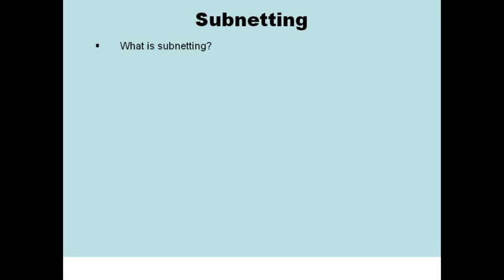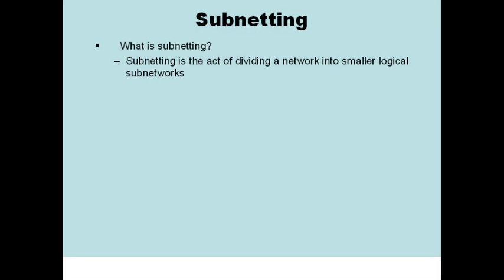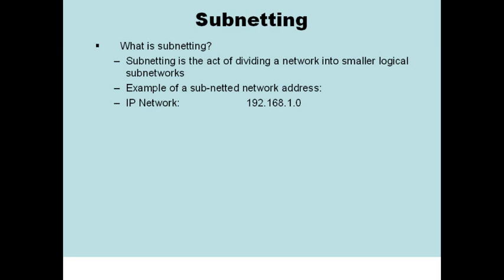What is subnetting? Subnetting is the act of dividing a network into smaller logical subnetworks. Now let's show an example of a subnetted network address. The IP network 192.168.1.0, which normally would have a subnet mask of 255.255.255.0.